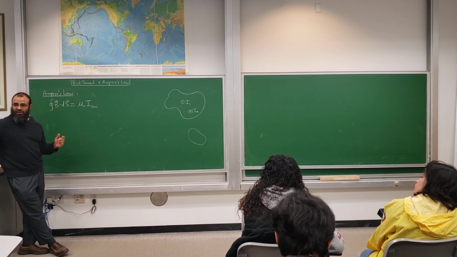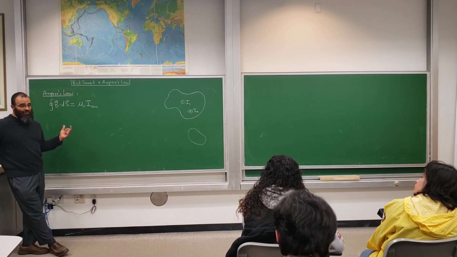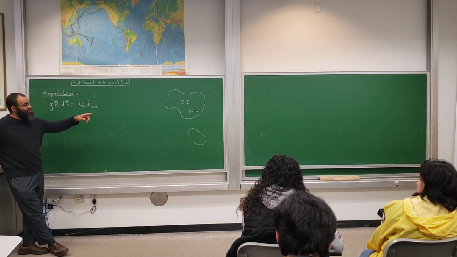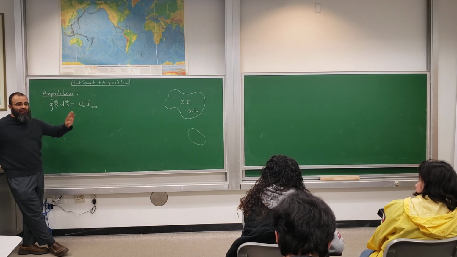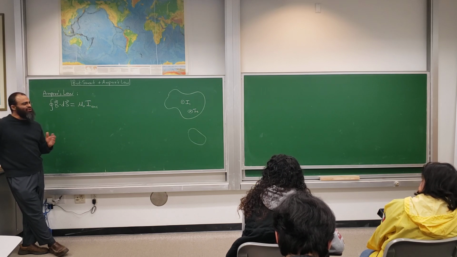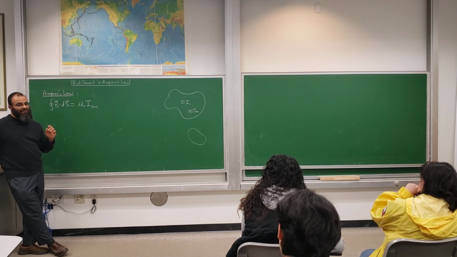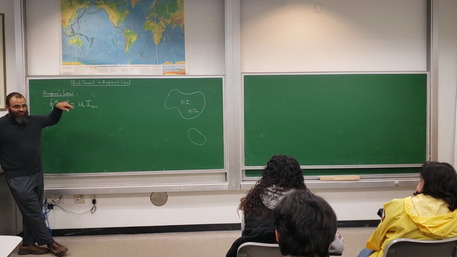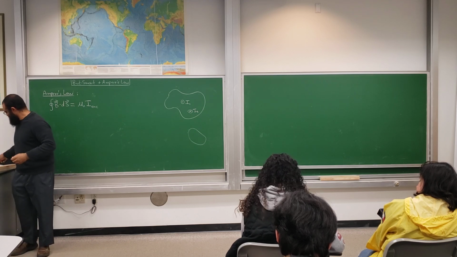So we're learning the rules on how to apply Ampere's law. Ampere's law says, yes, if you have one coming out, one going in, you have to subtract them. How do you subtract them? Which one would be positive, which one negative? It depends on how you go.